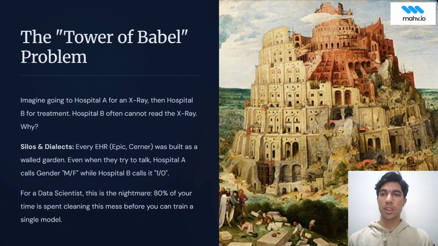So the problem we are facing is referred to as the Tower of Babel problem, which is basically like if you go to hospital A for an X-ray, and then hospital B will most likely not be able to read the X-ray from hospital A. This is because our EHRs were built as walled gardens, which is basically that every organization uses their own format.